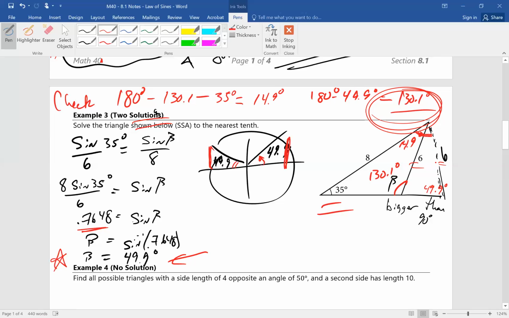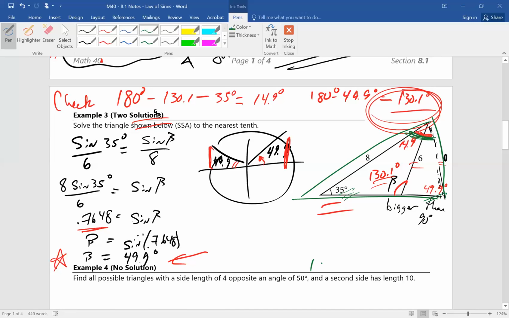You'll also have a triangle that doesn't just hold true for this 130, but if you have a separate triangle in a different color, let's call it green, where you go this way and this way and this way, you can have 49.9, 35, and then this angle here, which you can figure out as well.